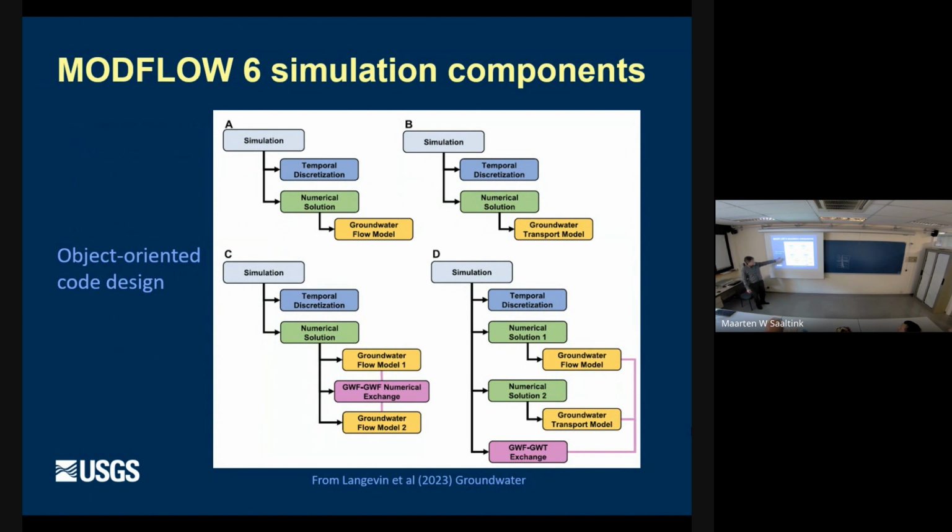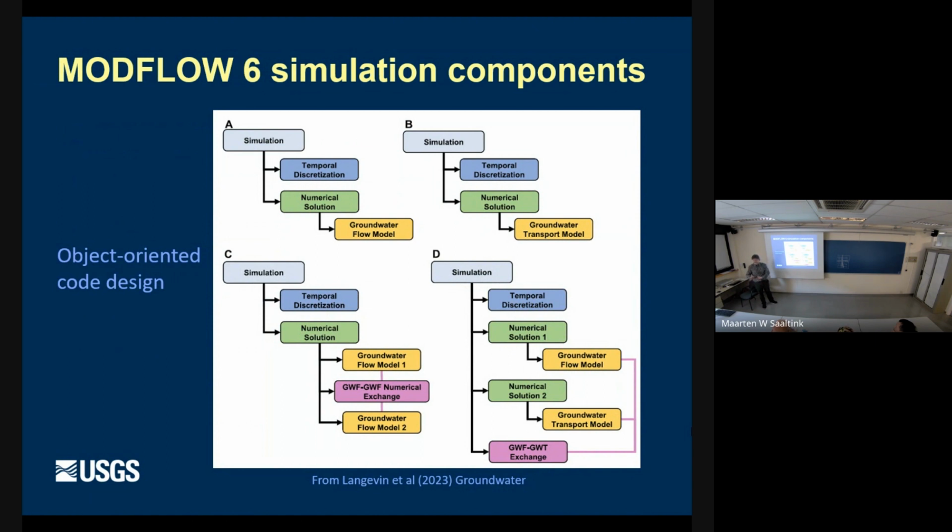The actual code that handles the setting up and the solution of these simulations and handling all these different components is written in a very generic way. So when Modflow is processing these different models, iterating to solve them over and over again and doing outer iterations, it doesn't need to know what kind of a model it is. That's pushed down to a lower level in the class structure, okay?